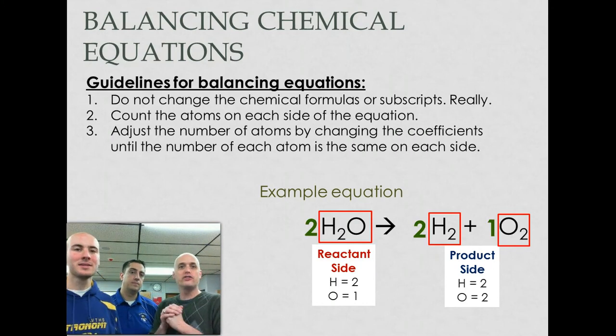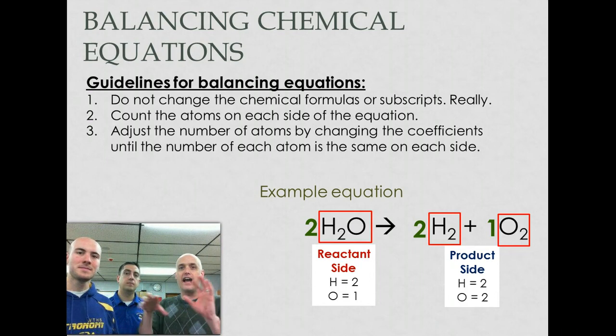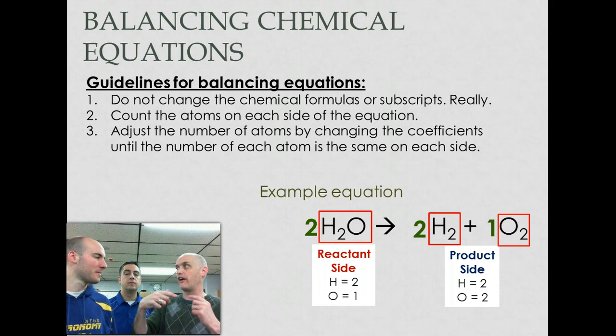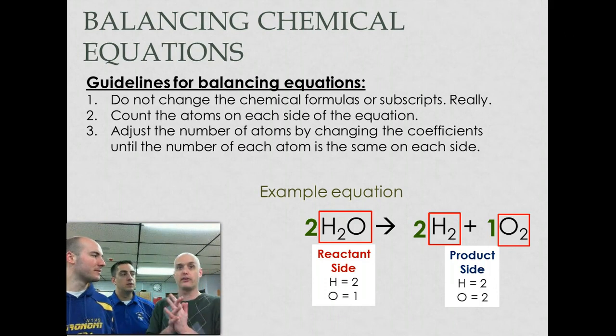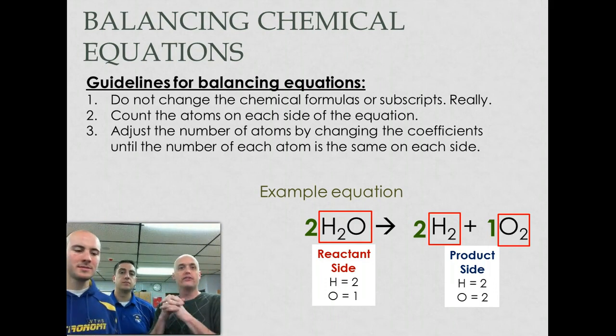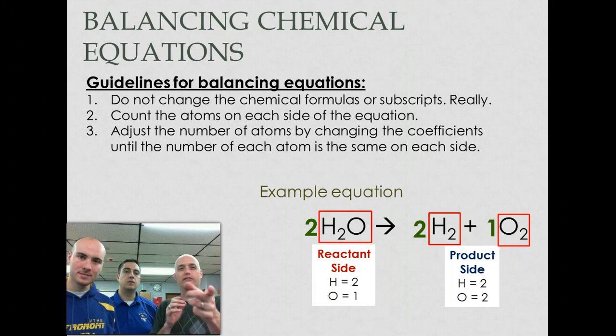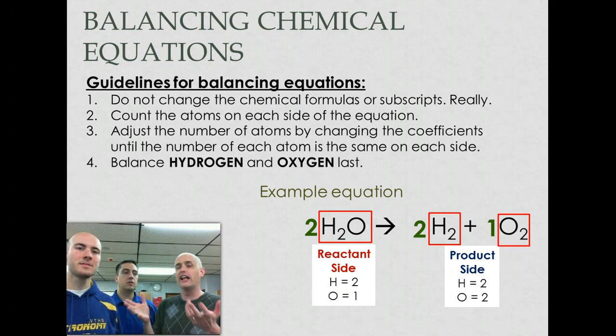So the next thing you're going to do is adjust the number of atoms on each side as you need to by adding coefficients. And remember, coefficients are the big numbers we multiply by in front of our atoms or our compounds or chemicals, whatever we have there. Like the big 2s and the big 1. Now that we've put those in there, let's step to the last little thing we don't have to worry about too much here because it's all hydrogen and oxygen.